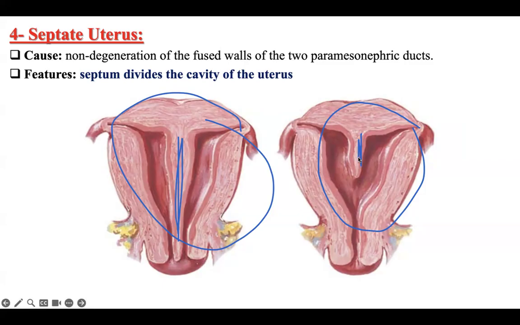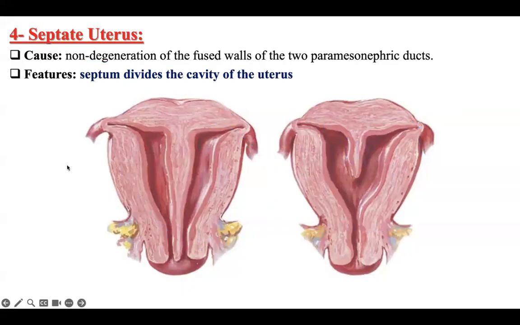So it is named septate uterus. There is a fusion between the paramesonephric ducts, but the part of the fusion is not degenerated, so we find a septum inside. This anomaly is very important in OSPE.